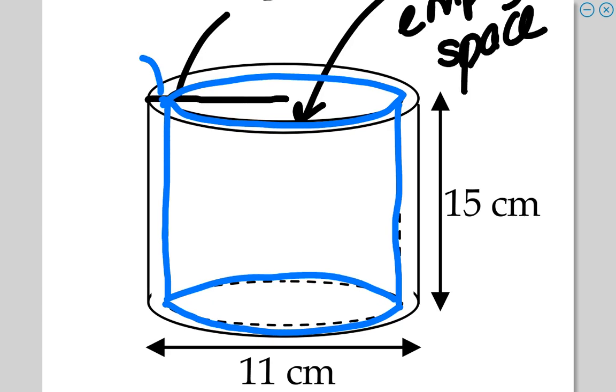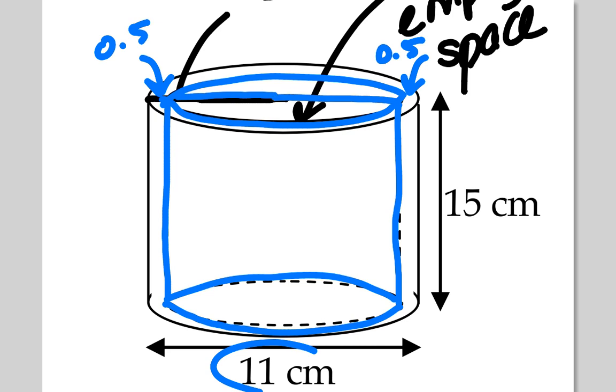So you have 0.5 centimeter here, and you also have 0.5 centimeter there. Altogether, 2 halves make a whole. Plus this is 11. So what's that diameter? 10. The whole thing's 11, and we take off a half there and a half there. That leaves 10. What's the half of 10? 5. So that's the radius that we're going to use, a radius of 5.